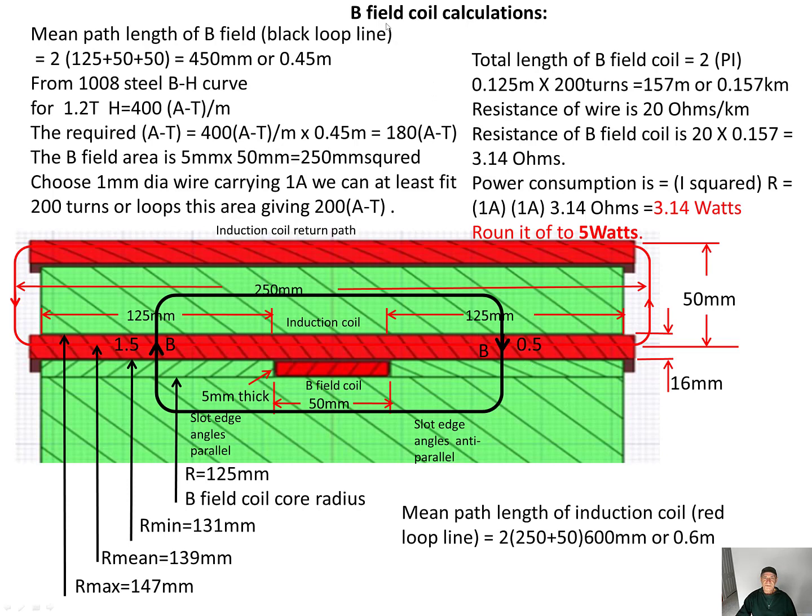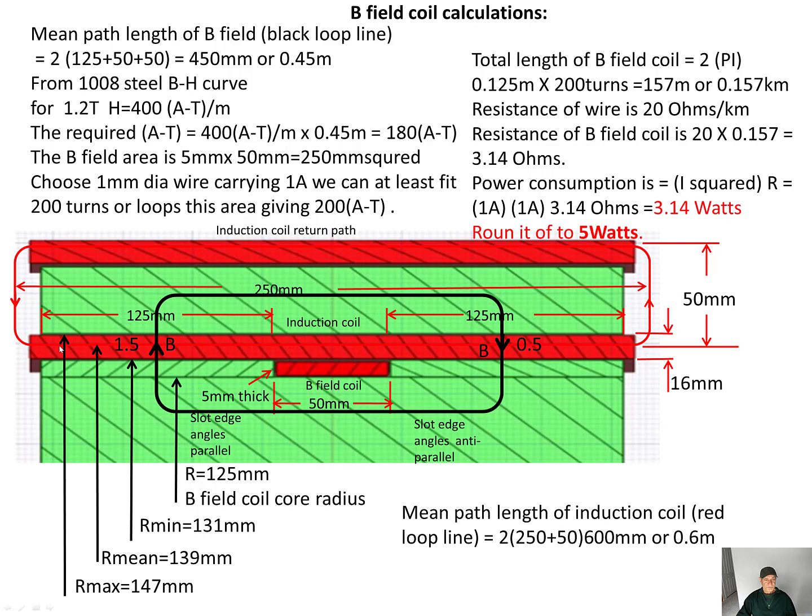So the calculation, B field coil calculations. The mean path length of the B field, the black loop, this is the magnetic path length, is 2 times 125 plus 50 plus 50.